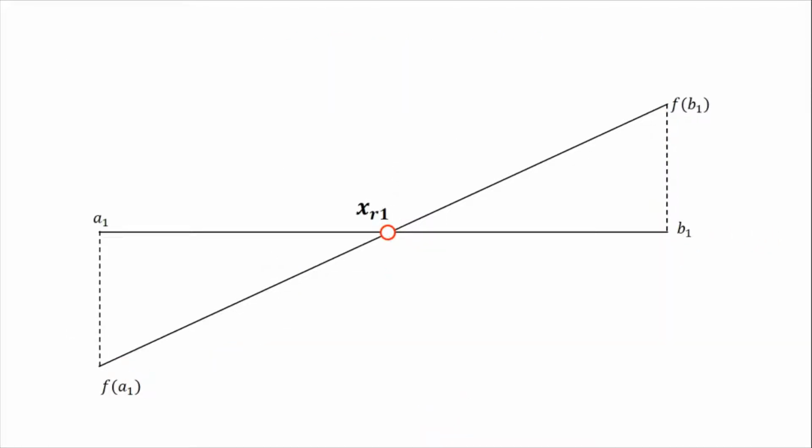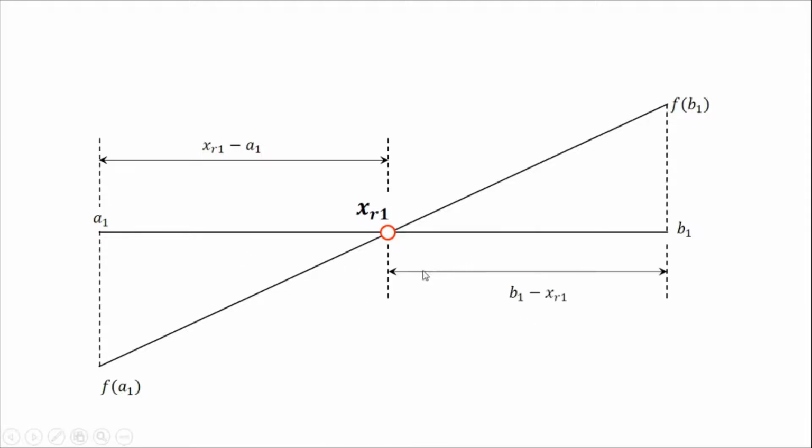From the figure, using similar triangles, we know that this distance here is equal to x sub r1 minus a sub 1, and this distance here is b sub 1 minus x sub r1. By using similar triangles, we get this equation: the function at x equals a sub 1 over this distance here is equal to the value of the function at x equals b sub 1 divided by the distance here.